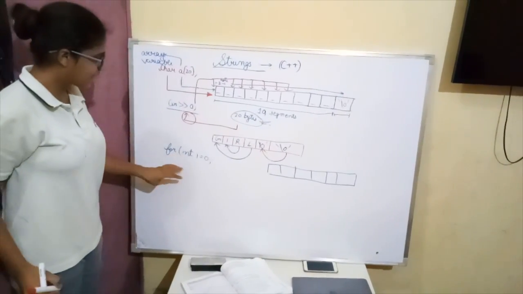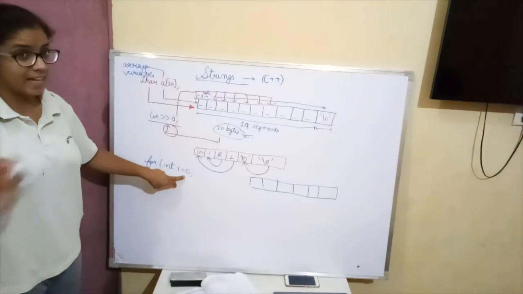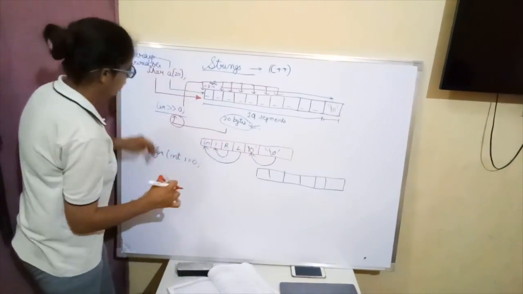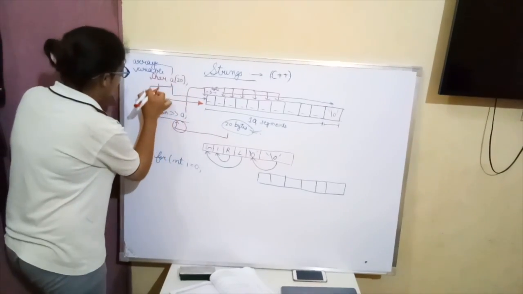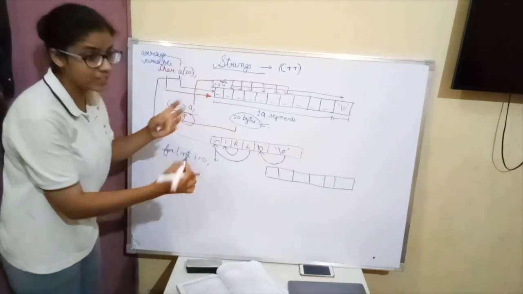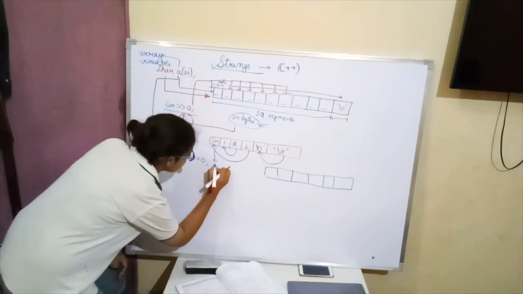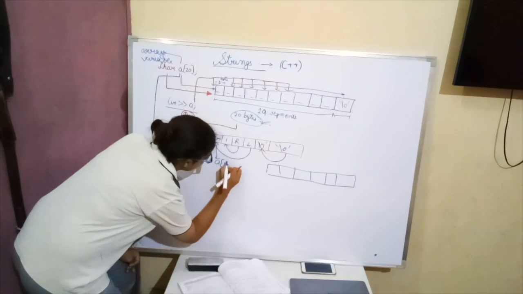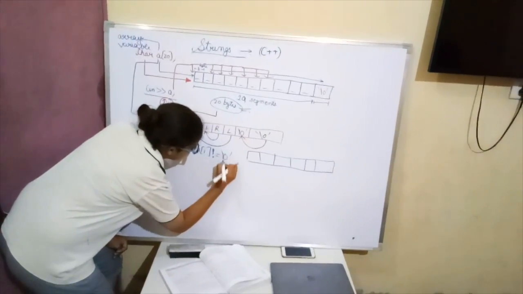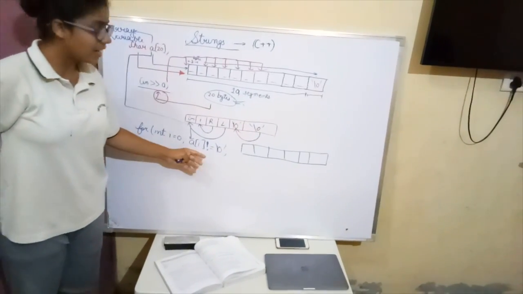So i is initialized to 0 at the beginning of the loop, and the loop will go on until this char type array variable reaches its null point. So until array[i] is not equal to the null character, that is the condition.